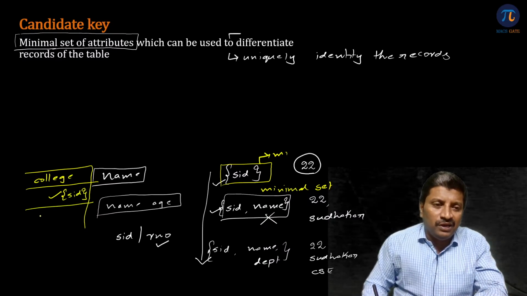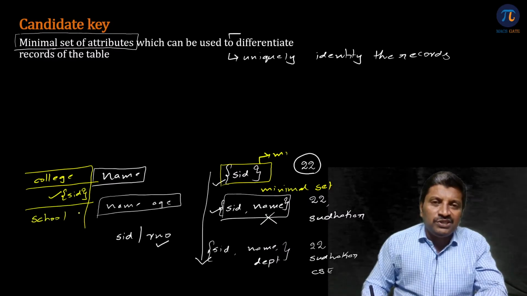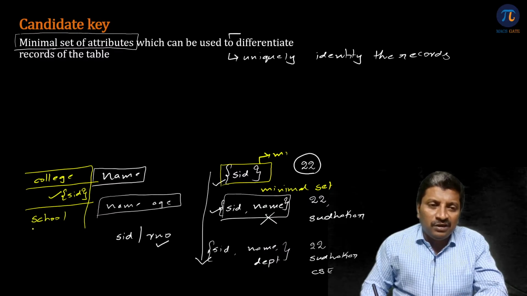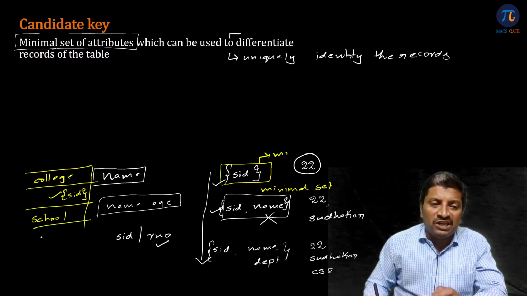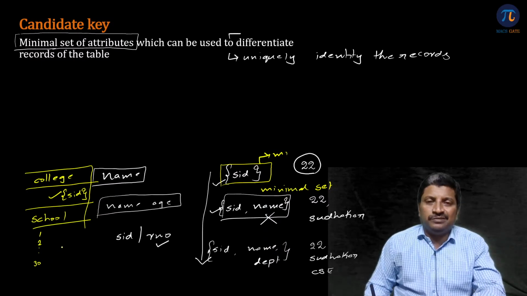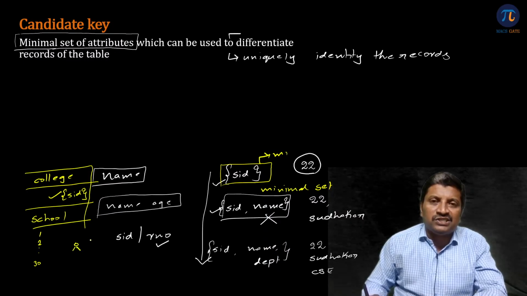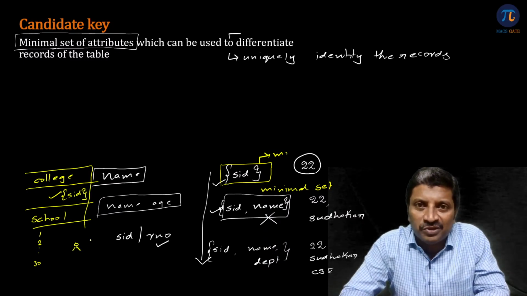Now instead of college, suppose we consider a small school nearby our home. Then in general, in schools, in every class students will have roll numbers 1 to 30. Now a parent came and asked, sir, I want to talk with my son.